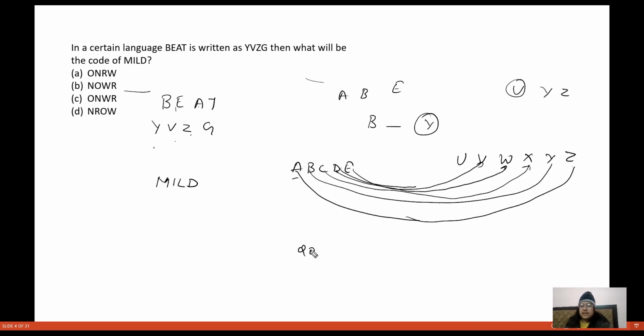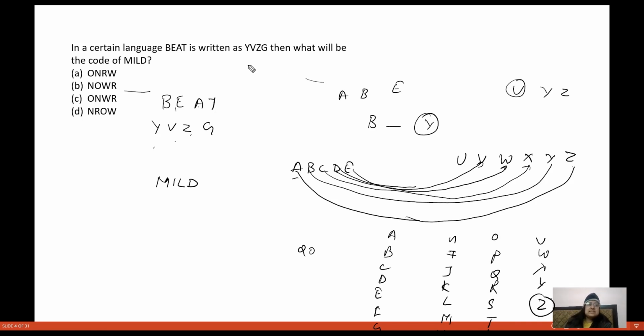Now T is 20 obviously. So we have A, B, C, D, E, F, G, H, I, J, K, L, M, N, O, P, Q, R, S, T, U, V, W, X, Y, Z.